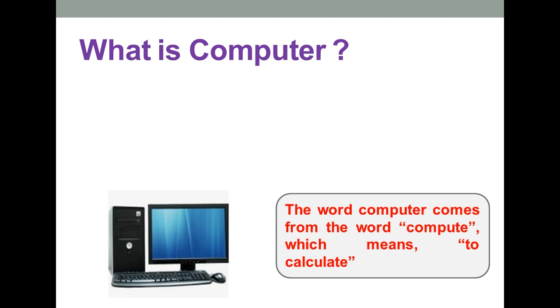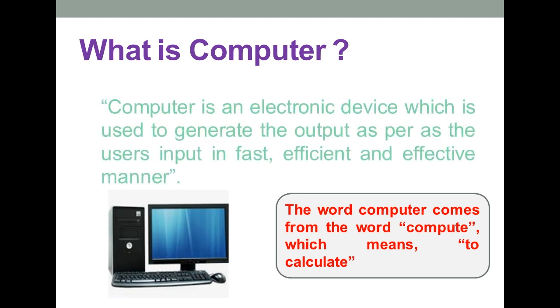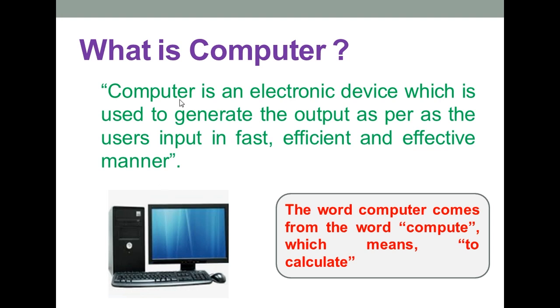So let us discuss one definition of it. We can say that a computer is an electronic device which is used to generate output as per the user's input in a very fast, efficient and effective manner. The output will be generated only when the input is given to the computer.